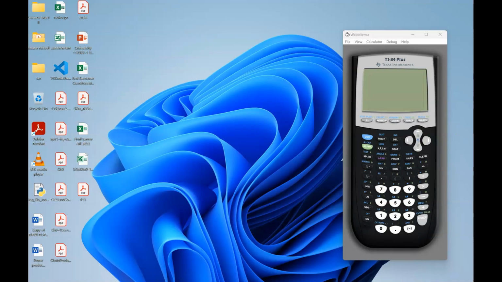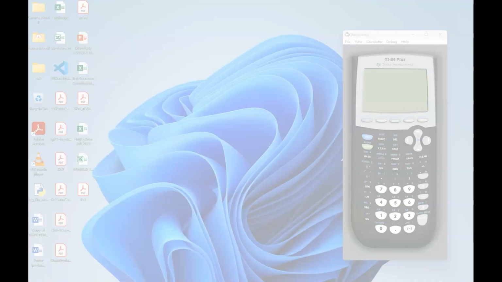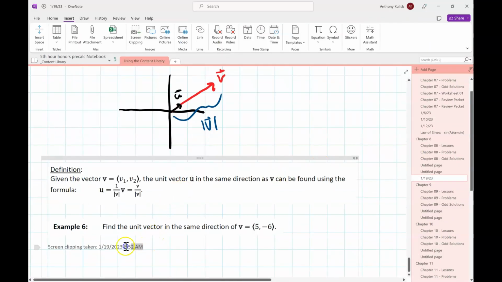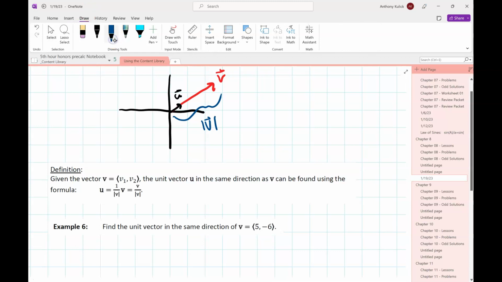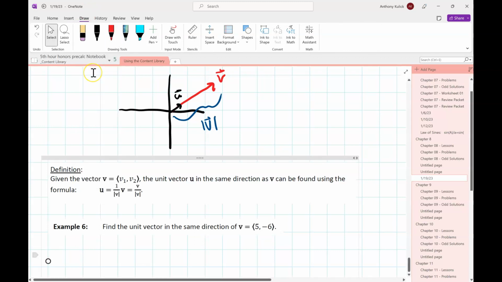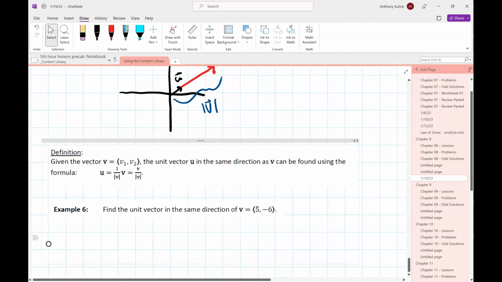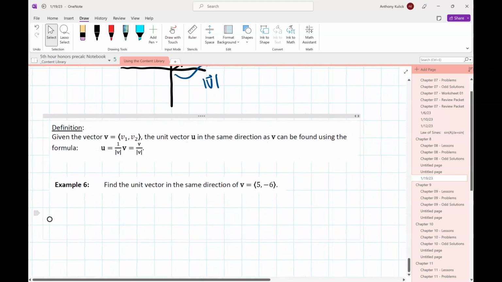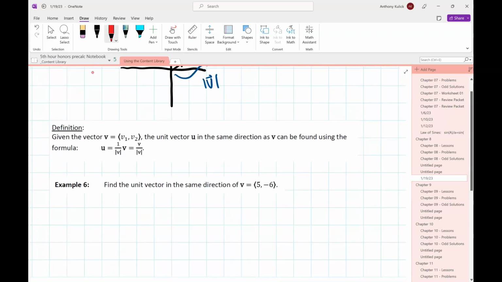Let's do a numeric example just to drive that home. So what am I going to need here to find u? I need the magnitude of v. How do I find the magnitude of v again?